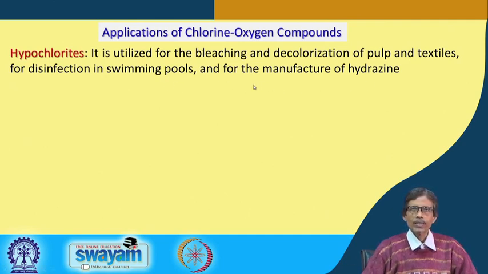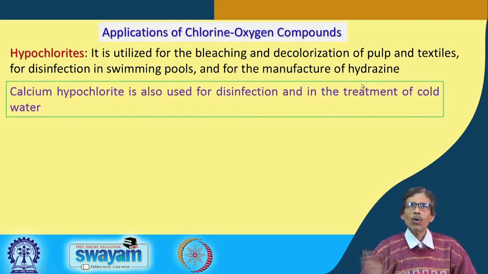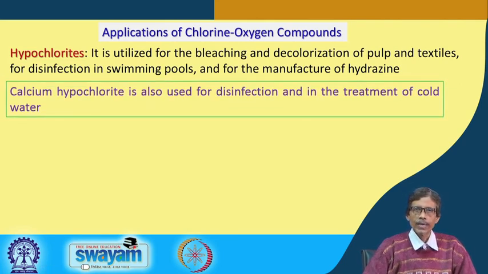And for the manufacture of hydrogen, we have seen that from ammonia, NH3, we can use sodium hypochlorite, as we discussed earlier when talking about the production of hydrogen, rocket fuel and different hydrogen based compounds.